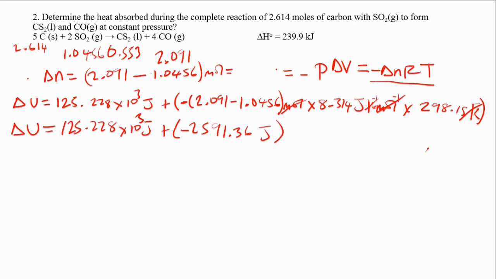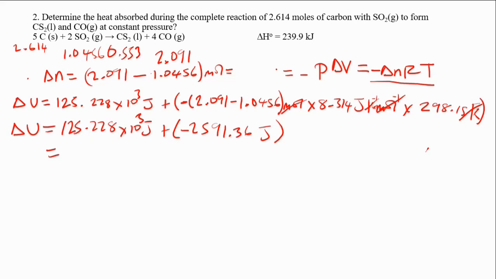I could also check it again just to make sure. 2.091 minus 1.0456, times 8.314 times 298.15. Got the same thing again. So it seems I am on the right track.